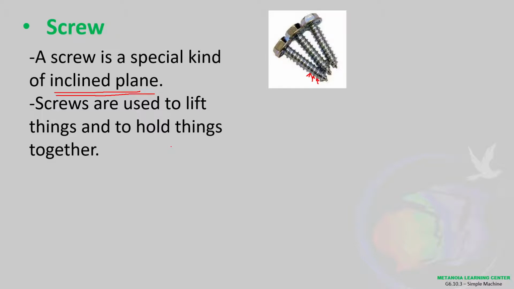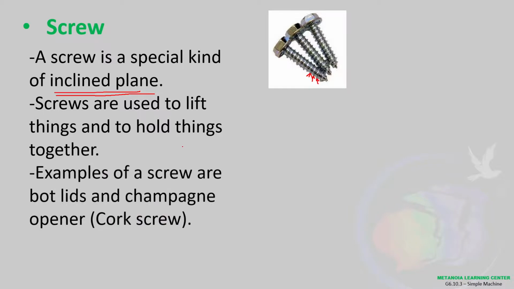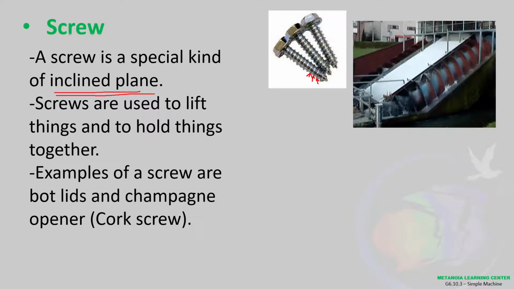There's actually one use for screw, that you can actually lift water or even other things with the use of its spiral mechanism, such as this machine na to. Water level is only until here. Sometimes kasi if you're going to use pump, parang hindi masyadong kaya.